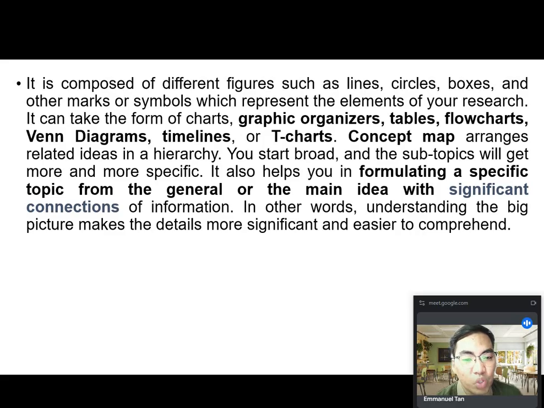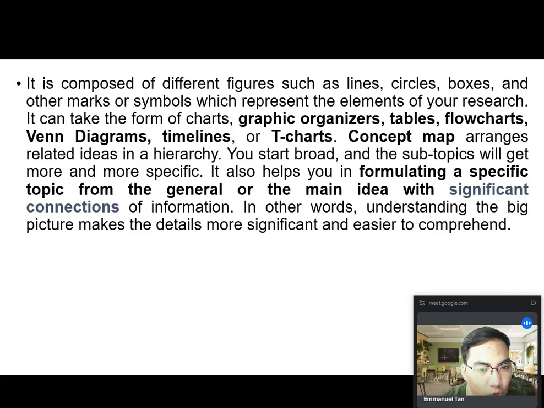Again, the sole purpose of having the conceptual framework, para po ma-organize ninyo yung ideas visually and makita yung connection ng mga variables ninyo that are being stipulated in your research questions.